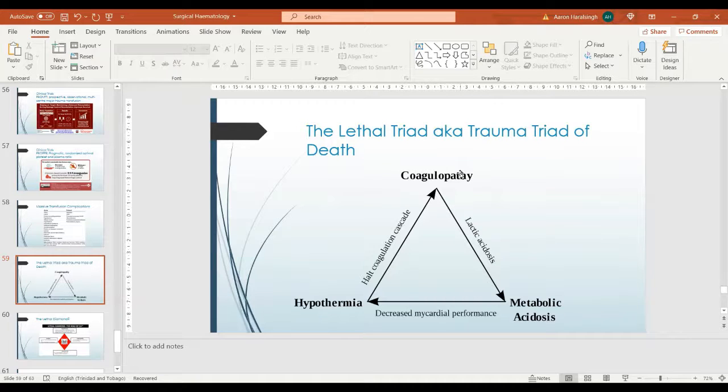Coagulopathy can be caused by DIC. It can also be dilutional or due to fibrinolysis. It can be due to hypothermia in and of itself. It could be due to the acidosis, or it could be due to medications that the patient is on. Hypothermia can be caused by cold fluids, the cold blood that we're giving, things like FFP if not properly thawed, the environment as well in the operating theater or the resuscitation room, diabetes, hypothyroidism, conditions like burns, as well as hypovolemic shock.